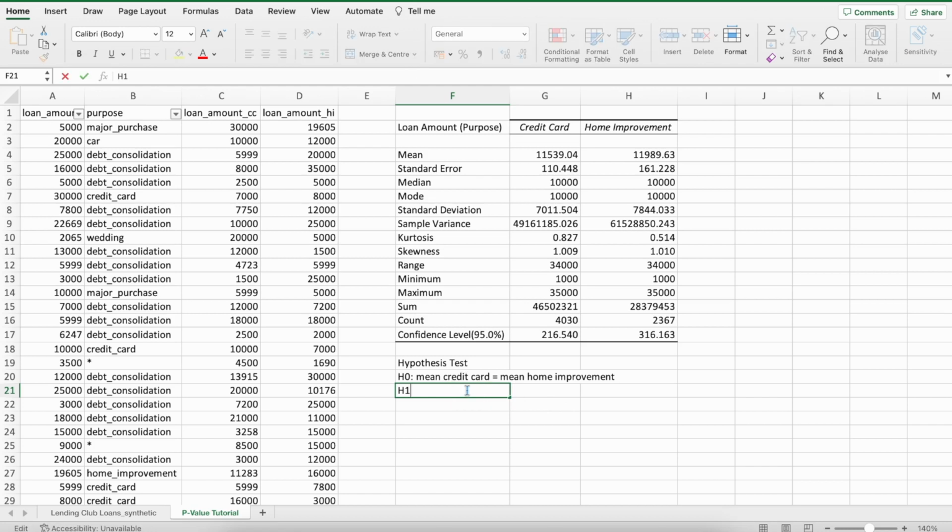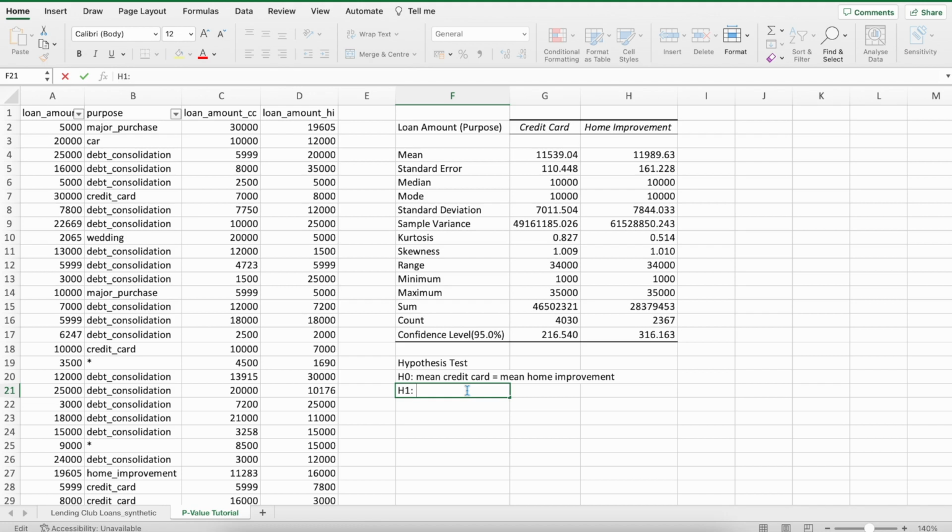Your null hypothesis will always have a value equal to some other value. It doesn't change. There's no more than or equal to. Your null hypothesis is equals. There's no questions asked. So our alternative hypothesis, since we're going to do a one-tailed test, can only be more than or less than, or more than or equal to, or less than or equal to.